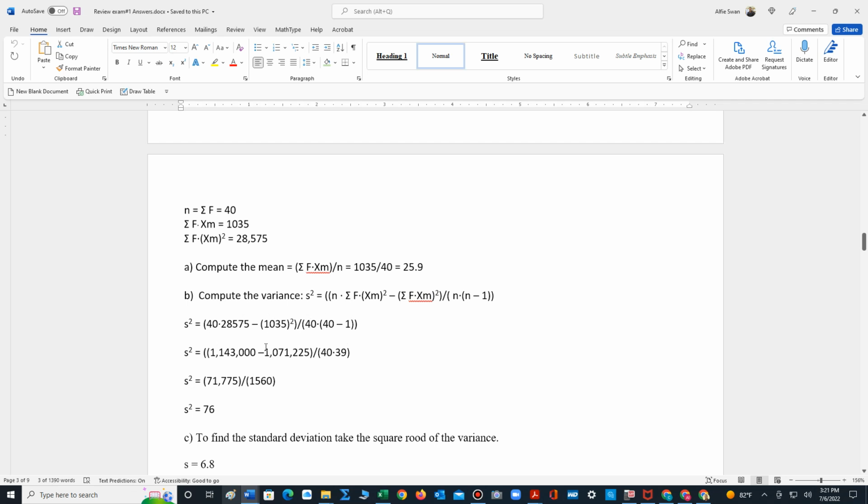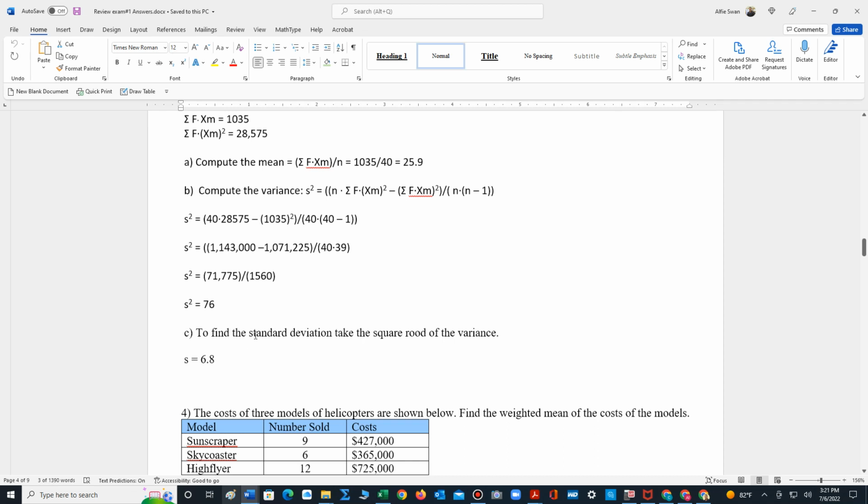So multiplying this out in the numerator leads to 71,775. The denominator is 40 times 39, 1560. We divide to get 76. To get the standard deviation, take the square root of 76, and that's going to give us 6.8.